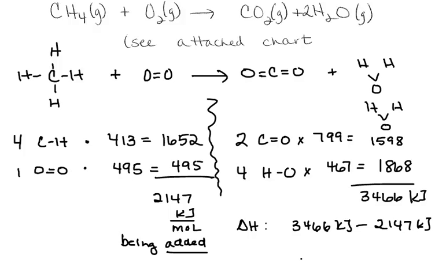And when you subtract this, you get 1,319 kilojoules. That's how much energy is given off by the combustion of 1 mole of methane. So kilojoules per mole of methane. But you always have to think about, is it being given off, or is this endothermic? Is it taking more energy to break the bonds than is given off in the end? And then it's an endothermic reaction.